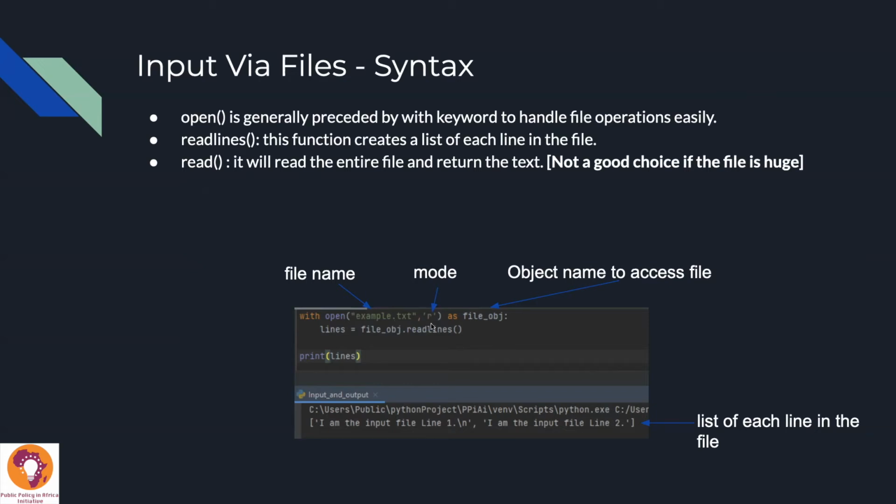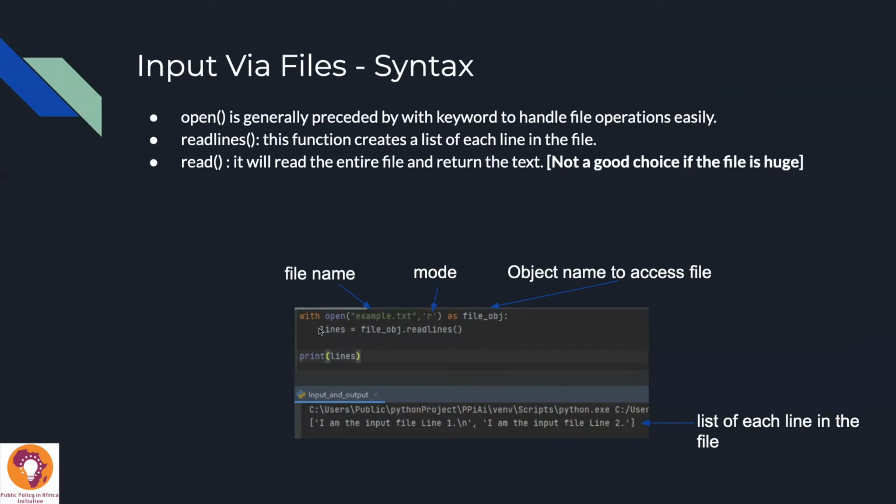We can get that from the previous slide. So we say with open, giving the necessary arguments, and then as file object. Here we have to give some variable name to the file so that we can reference it within our with block. So we're saying with open example.txt in read mode as file object.